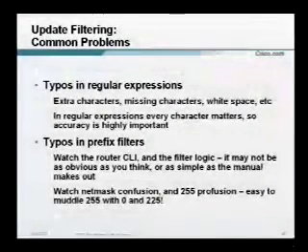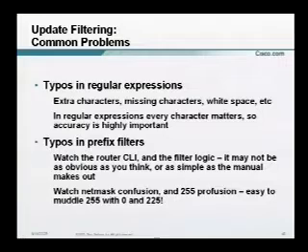Typos and regular expressions. That's one of the common problems. Extra characters, missing characters, white space. Extra characters is quite common. Or getting a minus in place of a plus, or a square bracket in place of a curved bracket, or whatever. Regular expressions need to be fairly precise for doing filtering. So if you get them wrong, it can do really, really weird stuff.